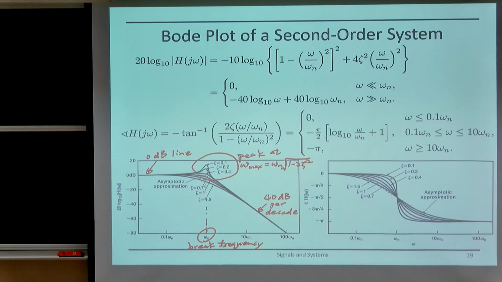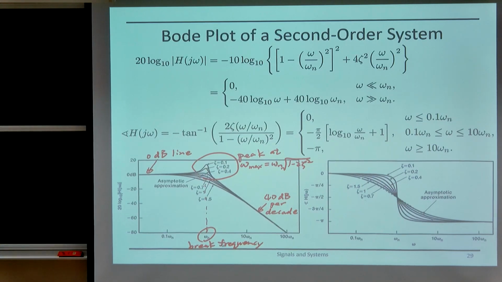Okay. Now, why do we look at these second order systems so carefully? The reason is that the first order systems can actually serve as the basic building blocks for more complex systems, okay, that can be described by these linear constant coefficient differential equations. Now, what do I mean by that? All right.